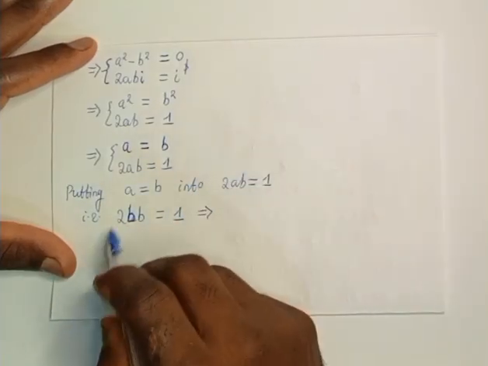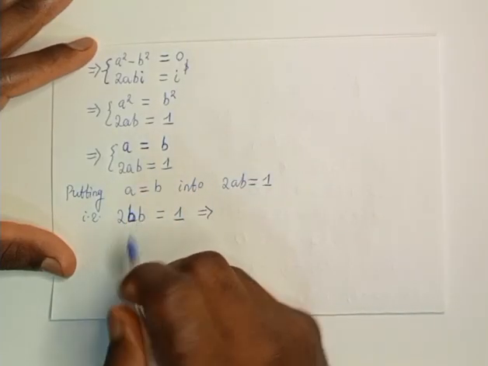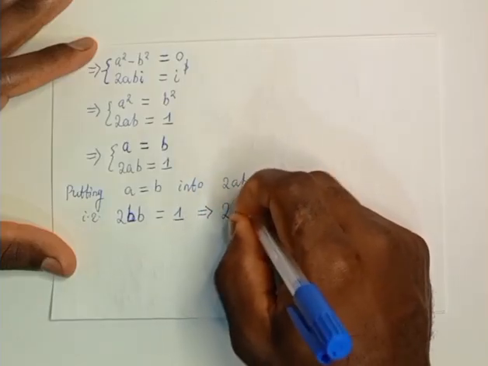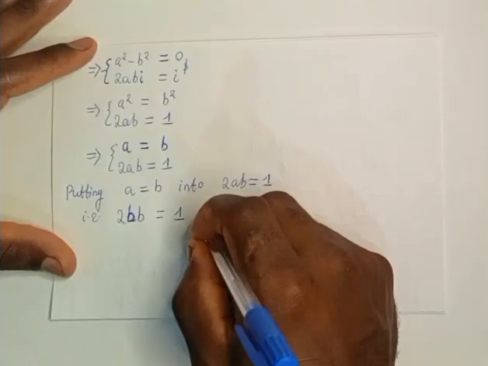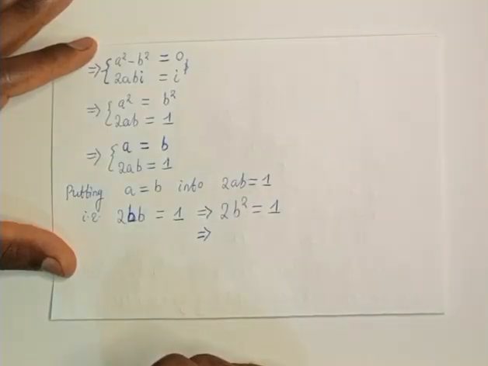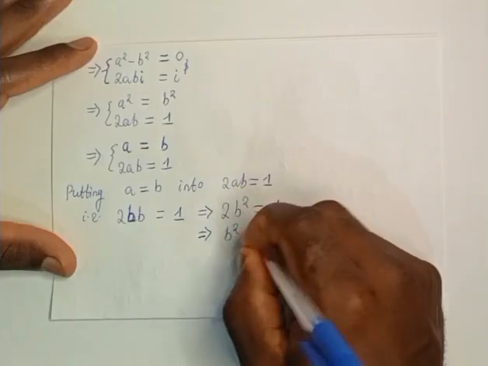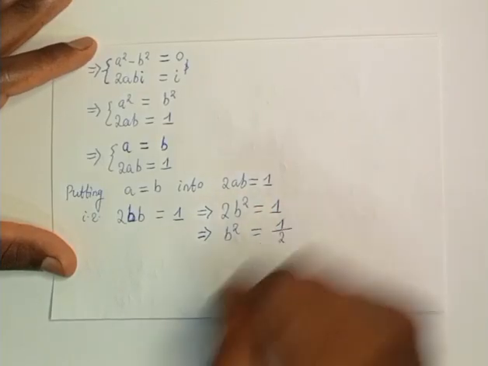Then 2b times b gives us 2b squared equal to 1. Then we divide both sides by 2. This will give us b squared equal to a half.